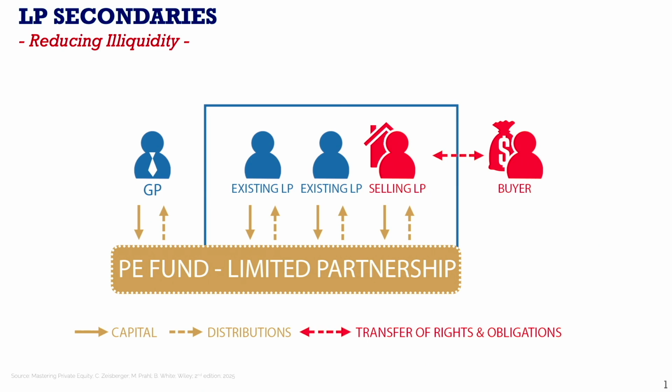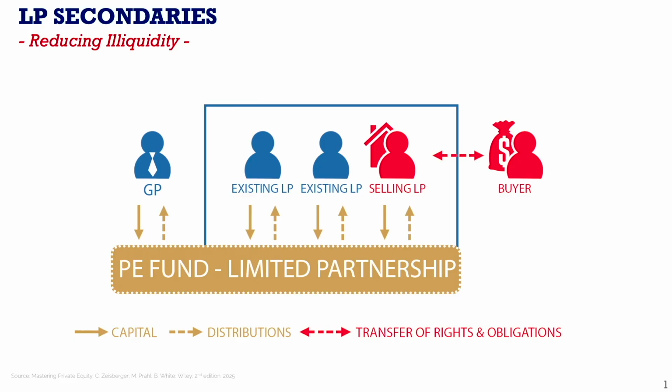Imagine this fund is just about in year 4 of its lifespan. So the selling LP will be looking for a buyer. That buyer will step into the shoes of the selling LP. That means all rights and obligations will be transferred between the selling LP to the buying LP.